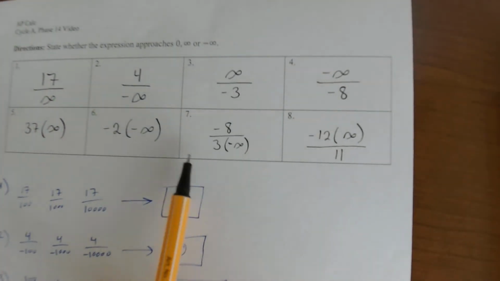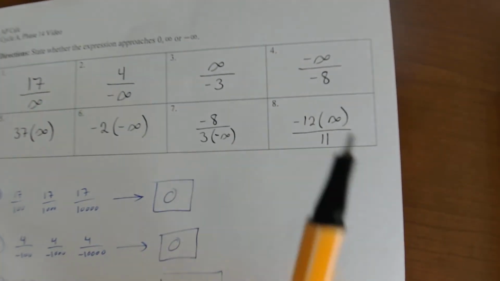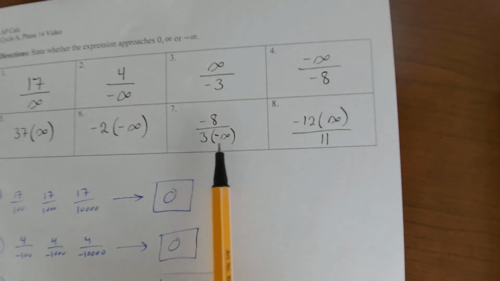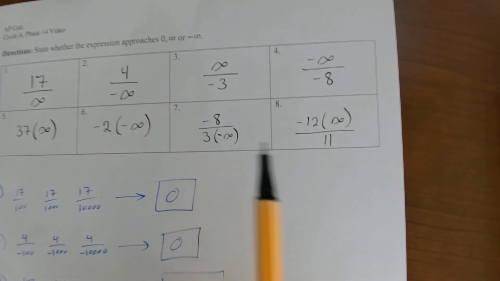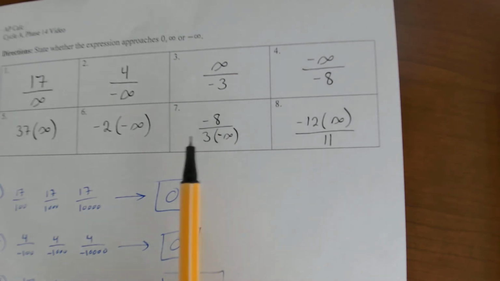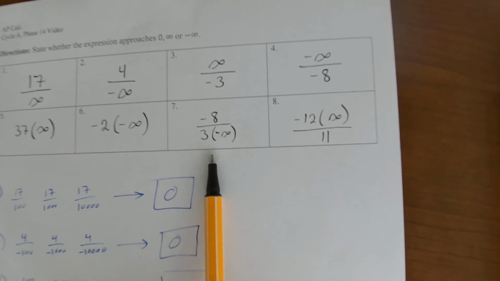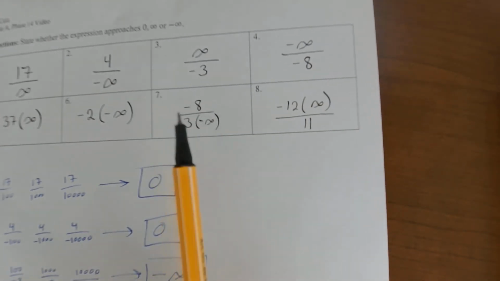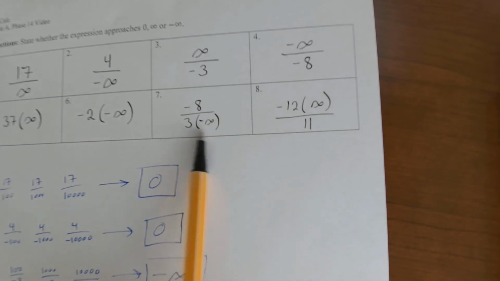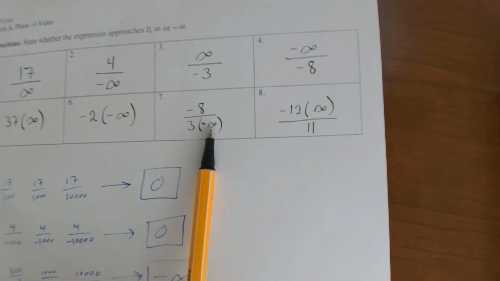So, number 7, we've got negative 8 over 3 times negative infinity. Well, let's figure out the infinity part first. We don't want to see a number times an infinity. We just want to see a plus or minus infinity in the bottom. So think of like 3 times negative 100, 3 times negative 1,000, 3 times negative a billion.